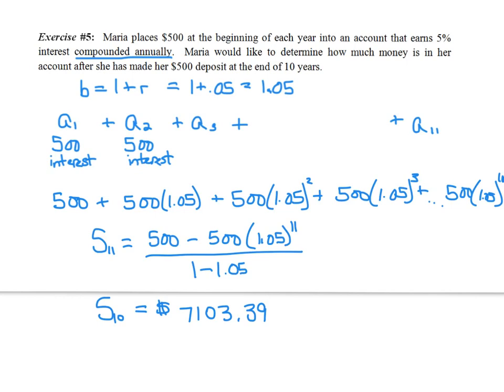So really what we're doing is summing these terms backwards, where this A1 really ends up being this term down here. And this A11 really ends up being this term back here. But it is the sum of 11 terms, so that's the formula that we're going to use.